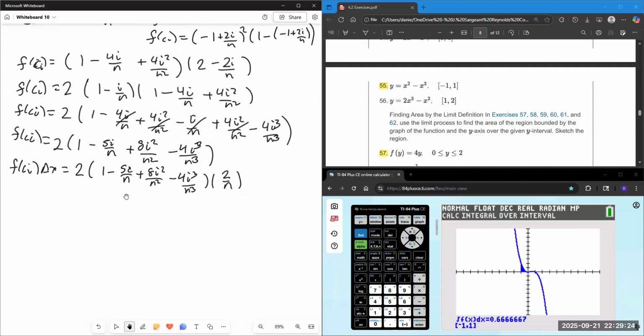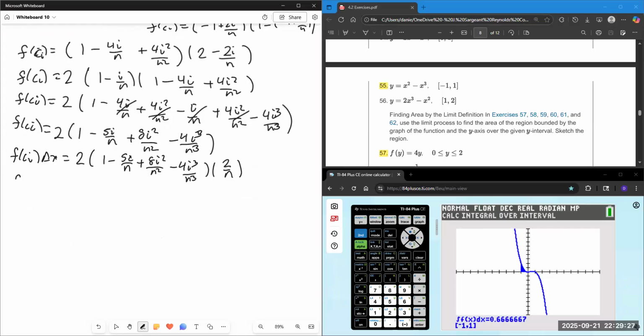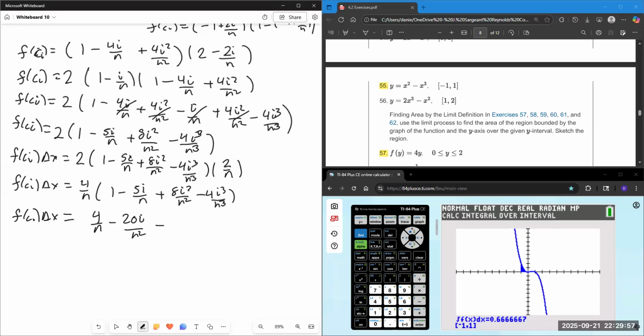So this is f of ci delta x is equal to 4 over n times 1 minus 5i over n plus 8i squared over n squared minus 4i cubed over n cubed, which is 4 over n minus 20i over n squared plus 32i squared over n cubed minus 16i cubed over n to the fourth.